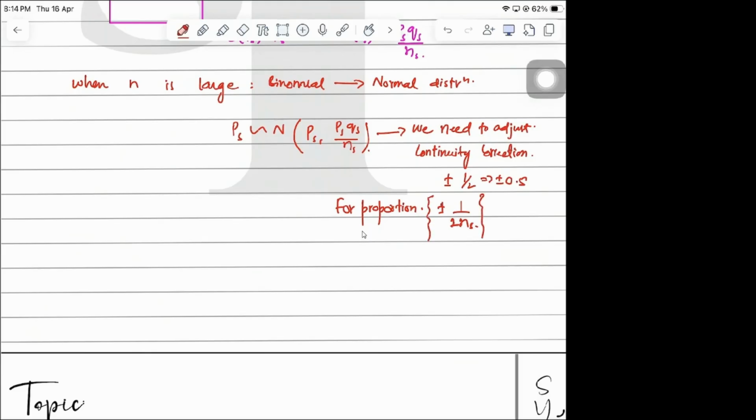Continuity correction for the proportion is always plus minus 1 upon 2n.